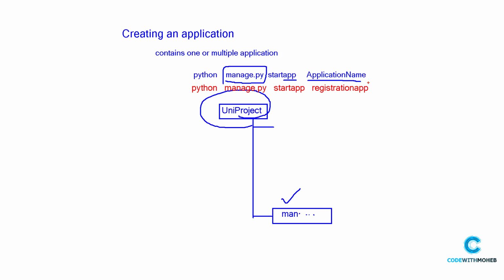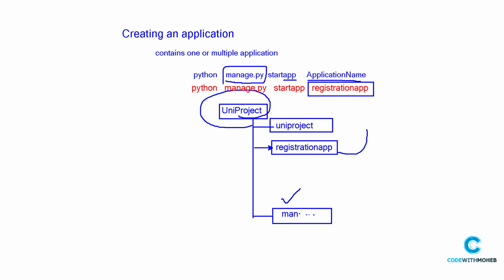What will happen in our project folder is: this is the uniproject outer project folder, and we have uniproject, which is the inner project folder, and beside that we will have one other folder, or directory, that is our application, and the name will be registrationapp.